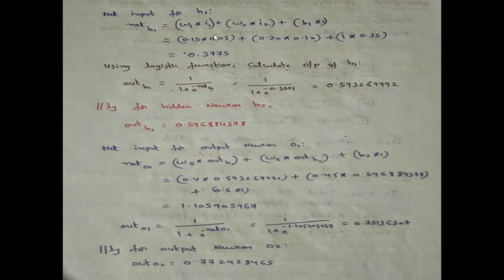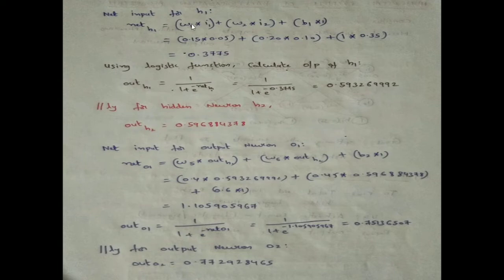Placing the values: weight 1 is 0.15 and input 1 is 0.05, weight 2 is 0.20 and input 2 is 0.10, and 1 into the bias value B1, which is 0.35. After calculating this, we get the net input for hidden neuron H1 as 0.3775.